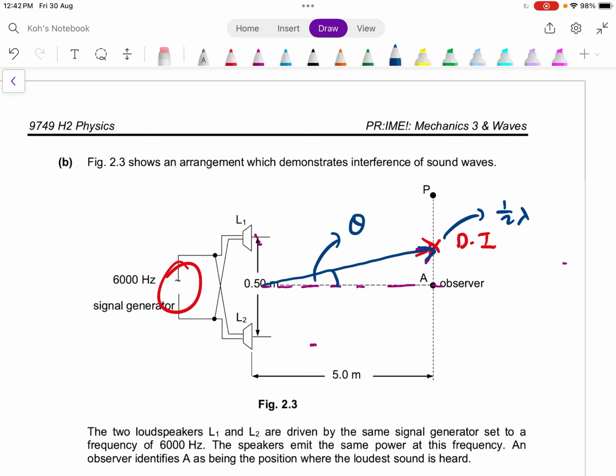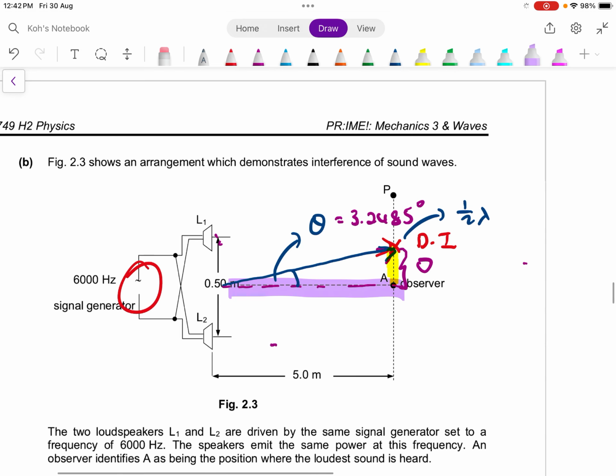Based on this theta, I can find this part, because I want to find the distance traveled by the observer A such that he will hear the first minimum. So I want to find the opposite. Apparently I have the adjacent here, which is about 5 meter. So I can get the answer already.